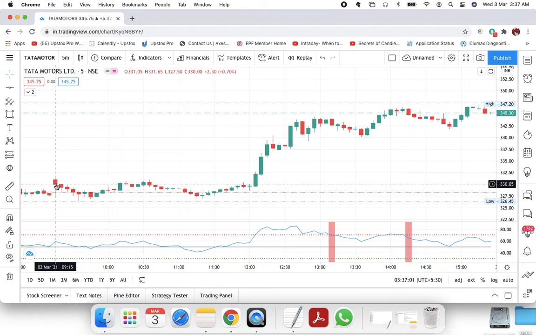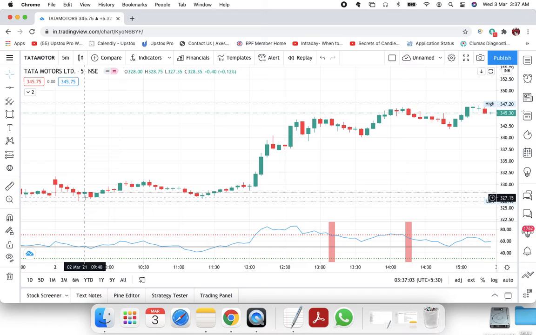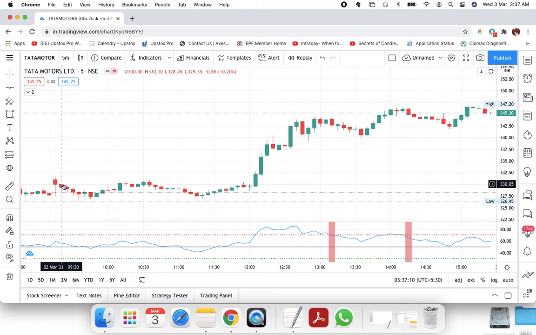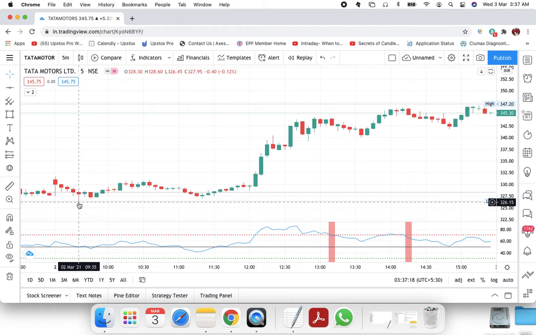It means the downtrend is continuing. So if you make an entry in this candle at 330 rupees and exit at 326, then you could have made 4 rupees profit in a short span of time.